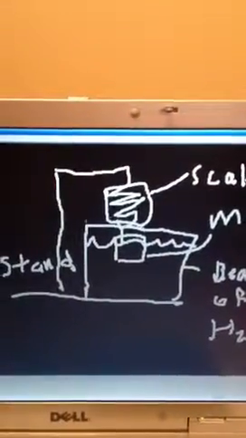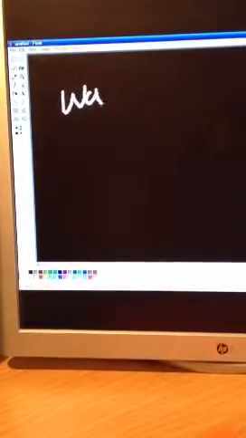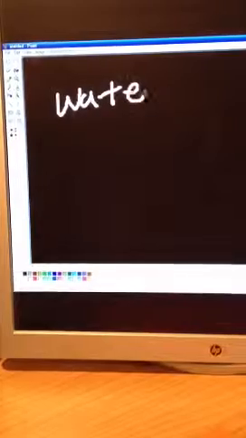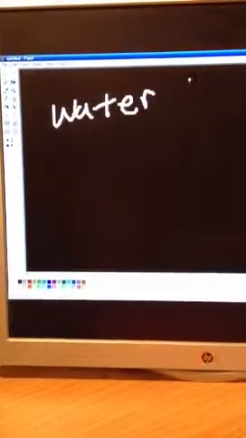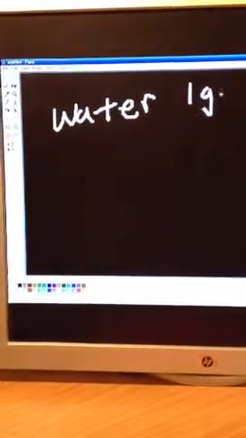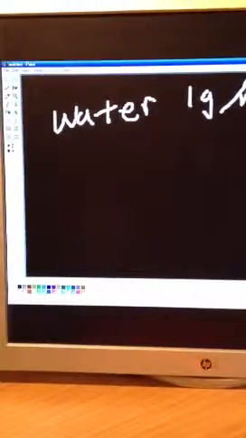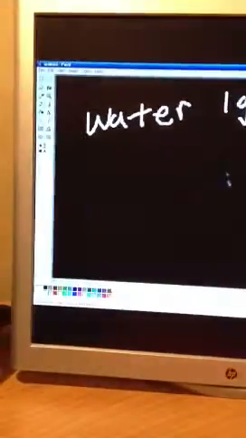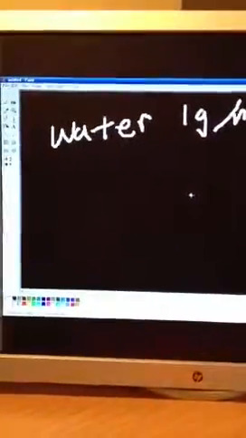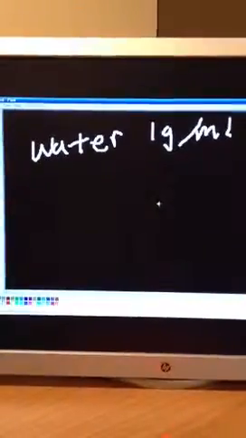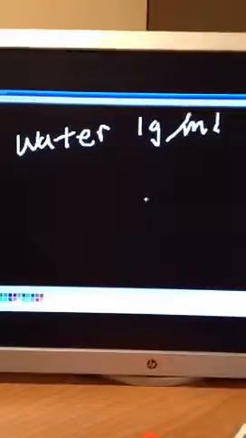We know that water has a density of 1 gram per milliliter. So we can figure out how much water we put in the beaker originally, the volume of the water.